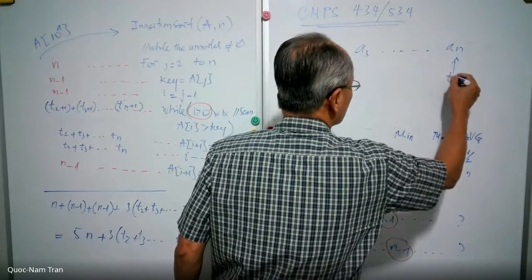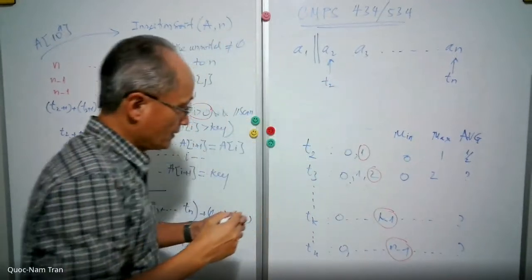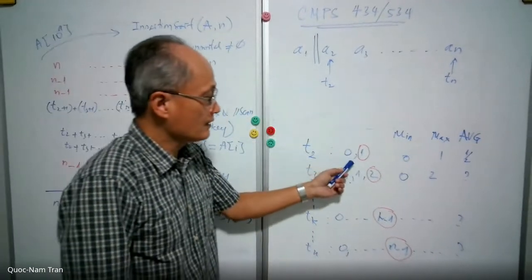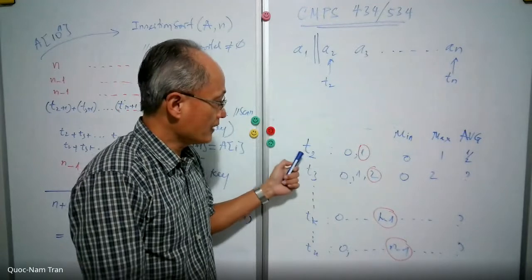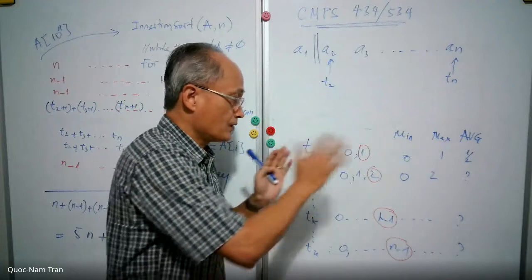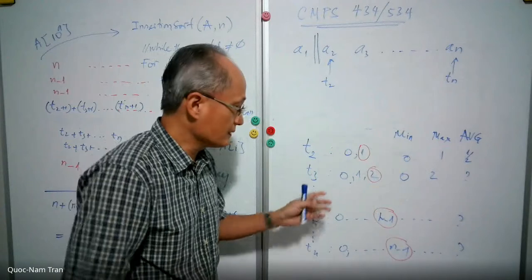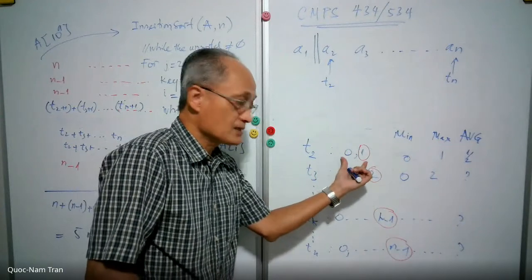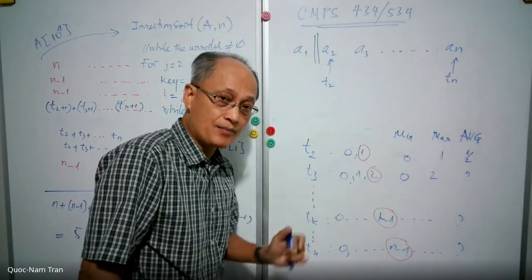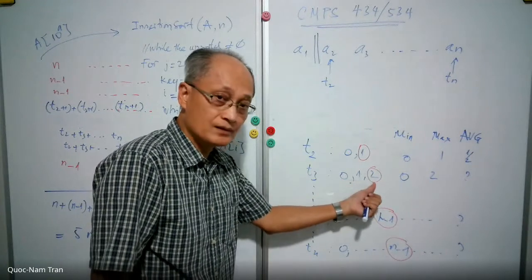Okay, so for Tn, here we have T2. And the average case, here you have 0 and 1, right? 0 moves, 1 move. What is the average? Average, as we know, is just simply taking the sum and dividing by the number of cases.